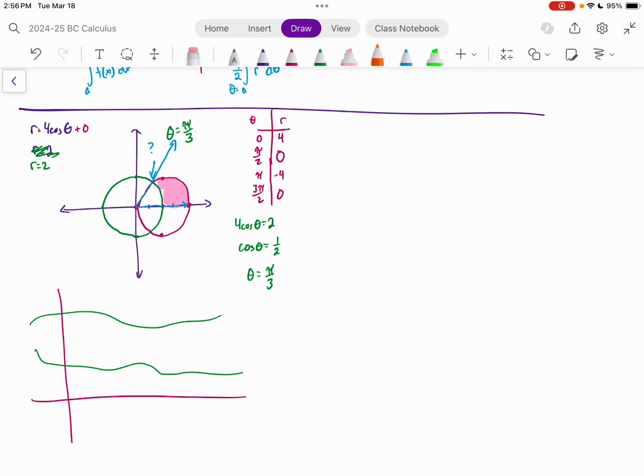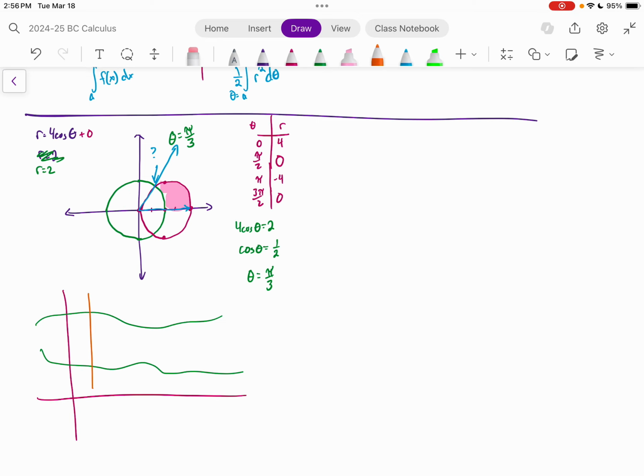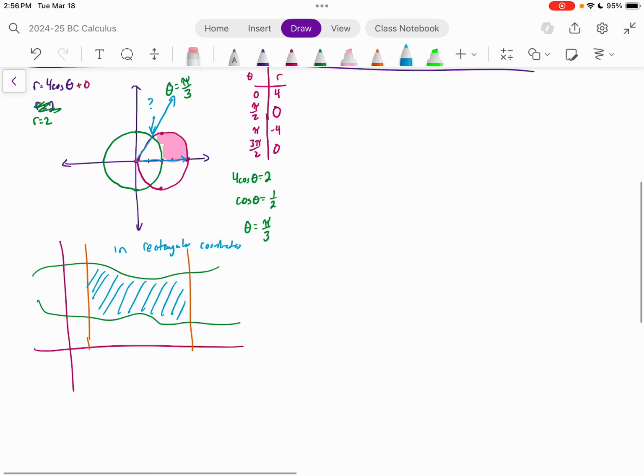And remember, the area between A and B in rectangular coordinates was the integral from A to B of f top minus f bottom dx.